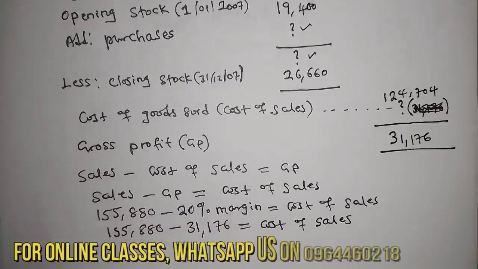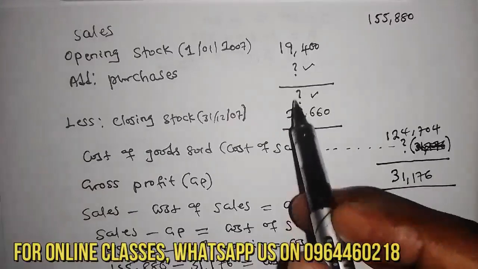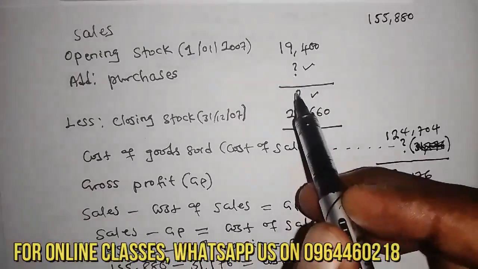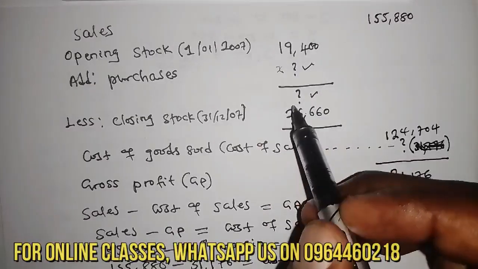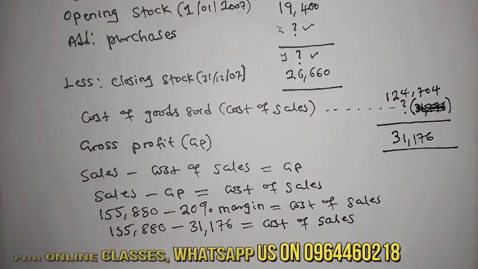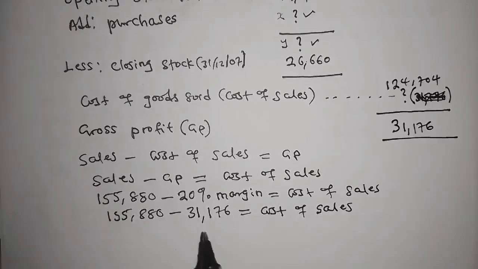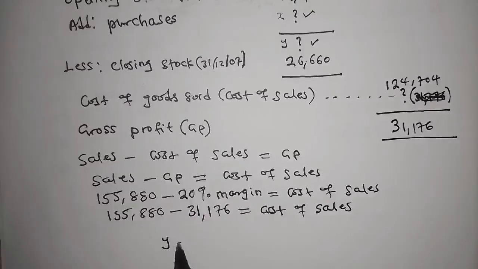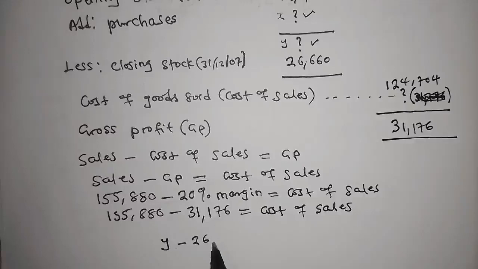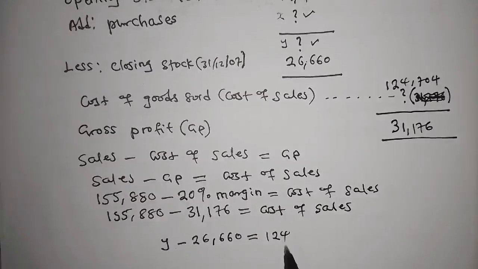Let this be x and this one y, just for the sake of mathematical understanding. So y minus 26,660 is equal to 124,704.